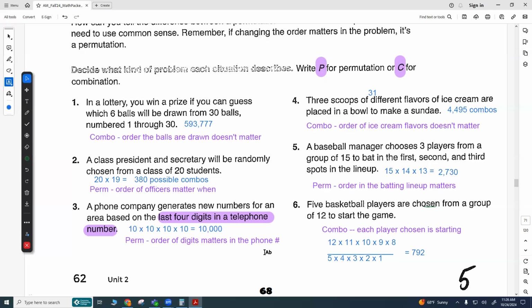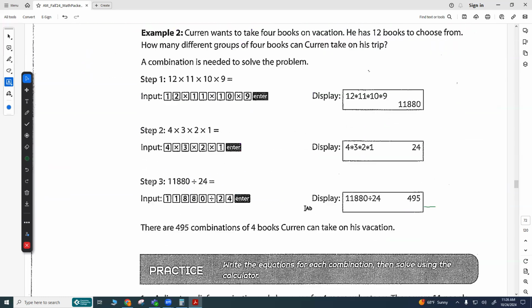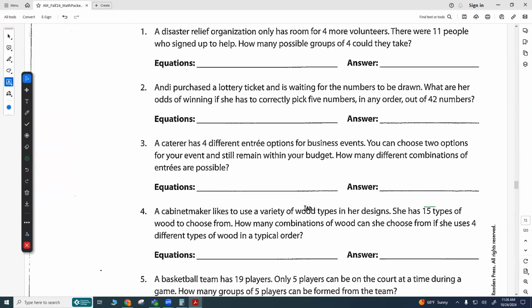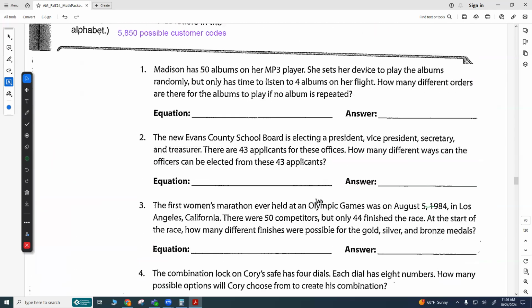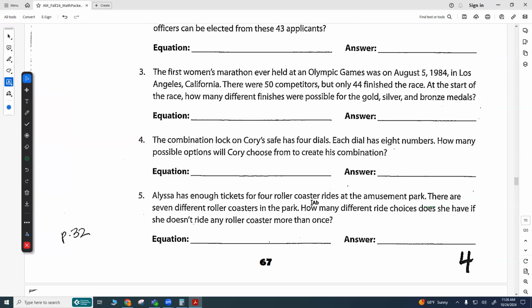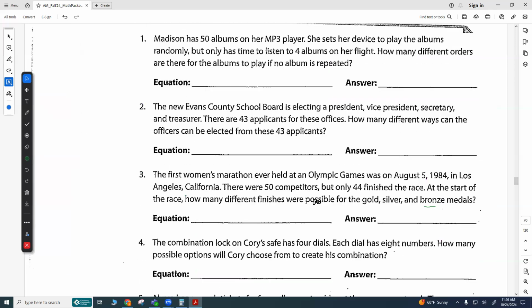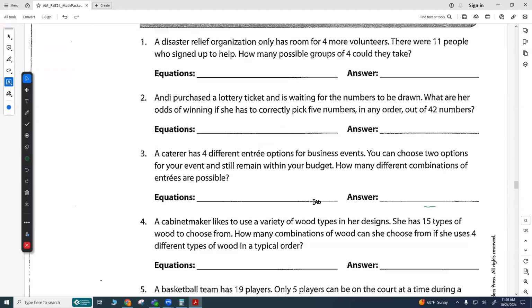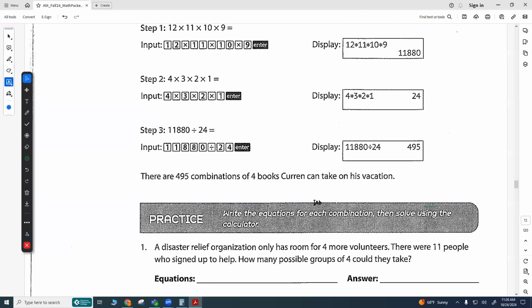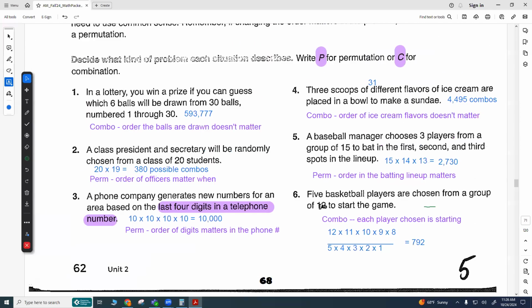All right. Think we're at a good spot. So like I said, go back and do those 5 problems on 67. Those are permutation problems, and then we'll pick it up here on Tuesday on 69, but you can work ahead as well if you'd like.